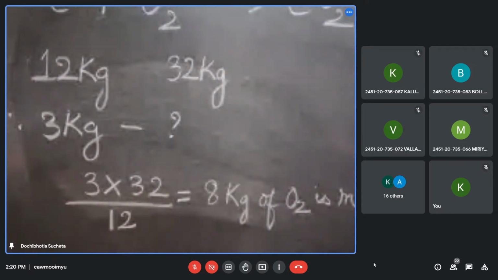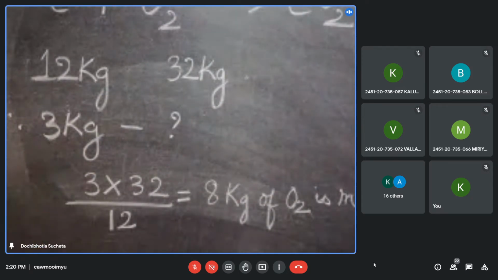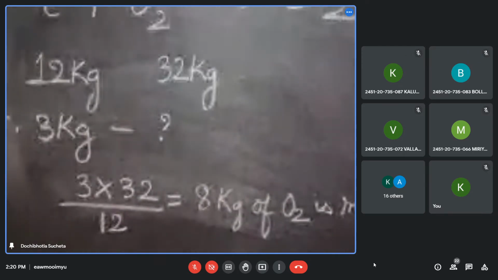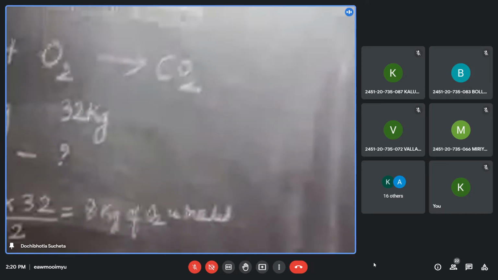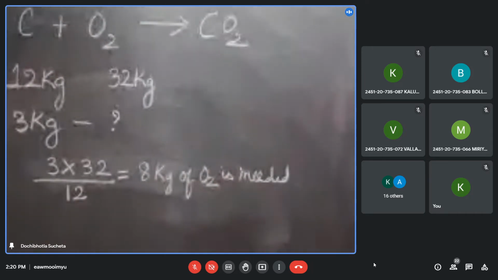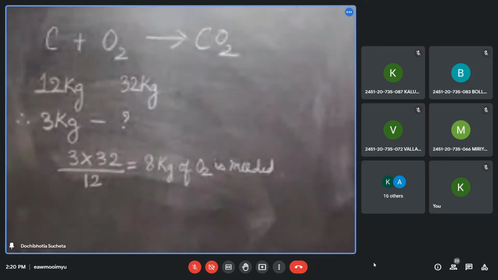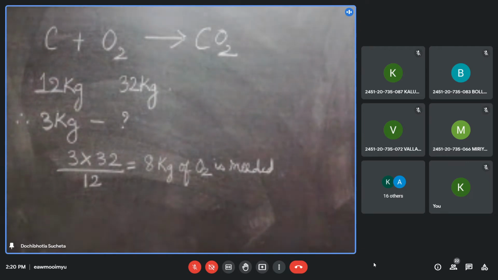Okay. So for complete combustion of 3 kgs of carbon, I need 8 kgs of oxygen. Is the board clearly visible? Okay, so how much amount of air has to be supplied by weight and volume?